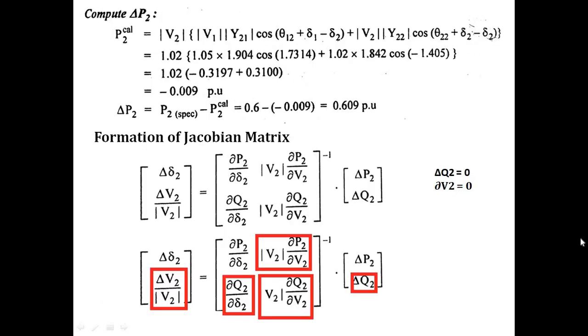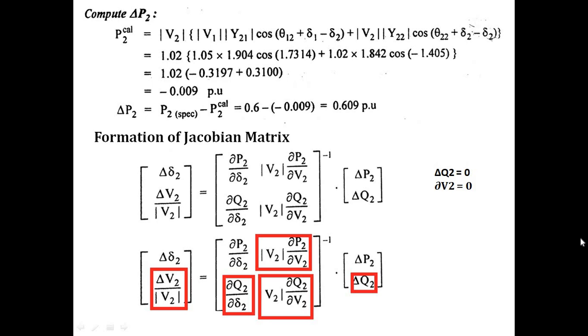Compute delta P2. P2 calculation: V2 V1 Y21 cos theta 21 plus gamma 1 minus gamma 2, plus V2 Y22 cos theta 22, that is equal to 1.02 into 1.05 into 1.904 cos 1.7314 plus 1.02 into 1.842 cos minus 1.405, that is equal to minus 0.3197 plus 0.3100, so P2 is equal to minus 0.009 per unit.